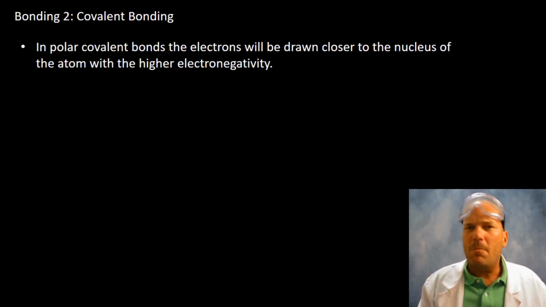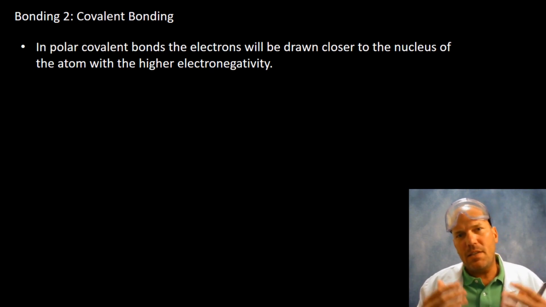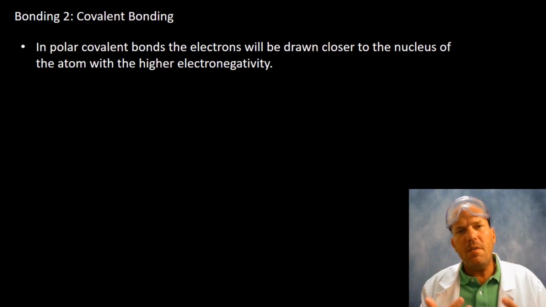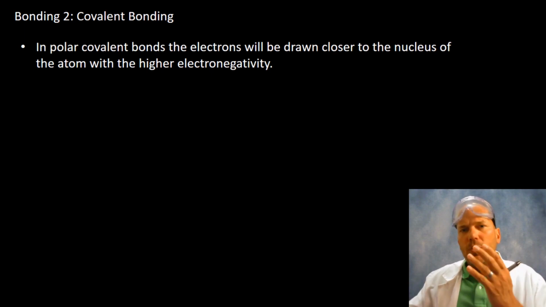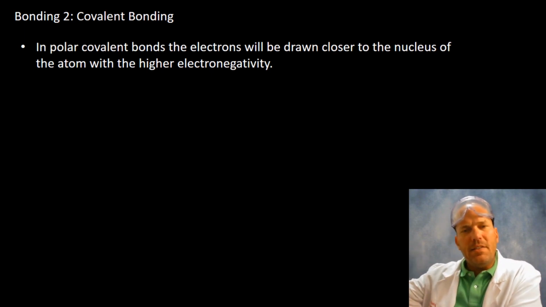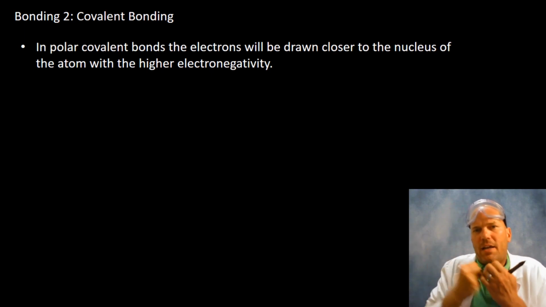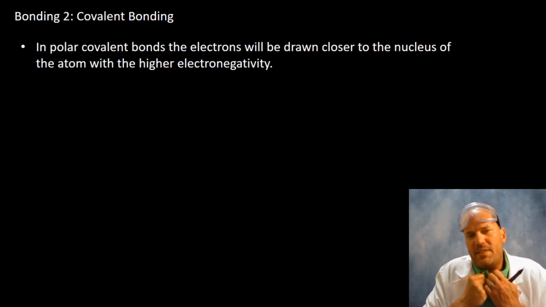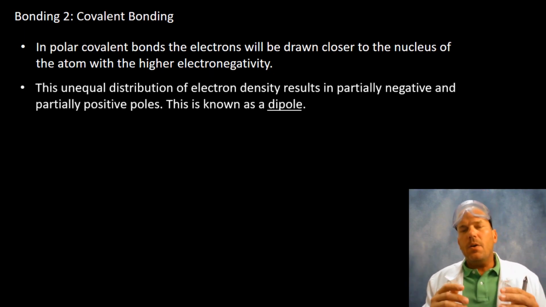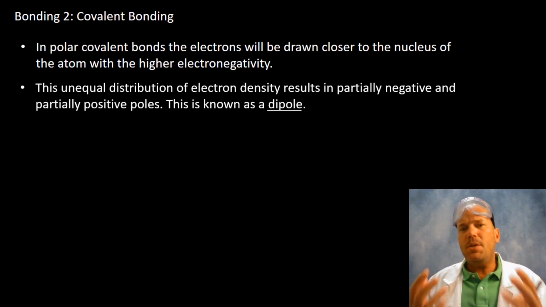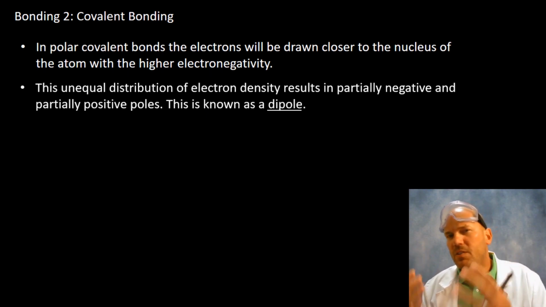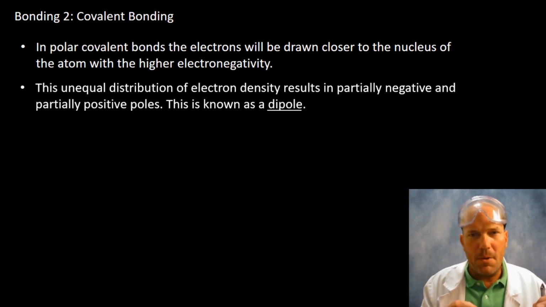And also remember, electronegativity is the ability of a bonded atom to attract valence electrons or shared electrons closer to itself. All right, so it's the unequal distribution that will result in what is called a dipole.